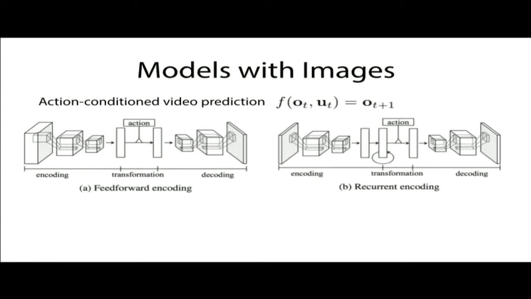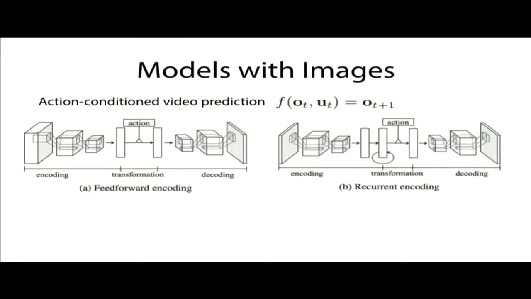The first model is a feed-forward encoding. It takes a sequence of the past k frames and has a convolutional neural network that takes those frames, concatenates them together, and puts them through the network. It does have some sort of low-dimensional space, but it's not used for planning or for control.